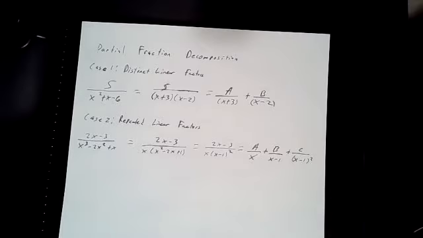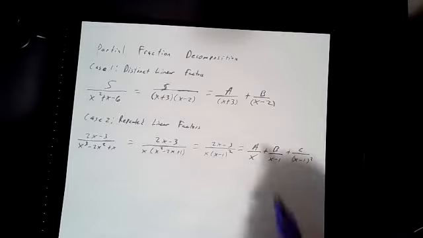Does that make sense, how you set them up? I got the A over x because we are separating the 2x minus 3 over x times x minus 1 all squared. So A over x, B over x minus 1, I got it. C over x minus 1 squared, I don't know where this comes from.